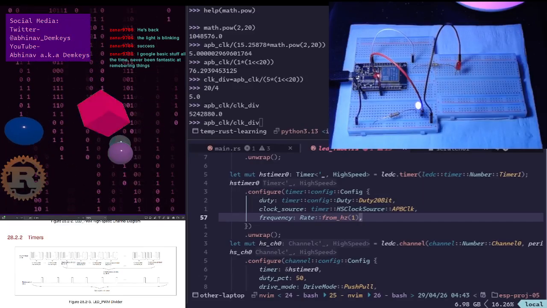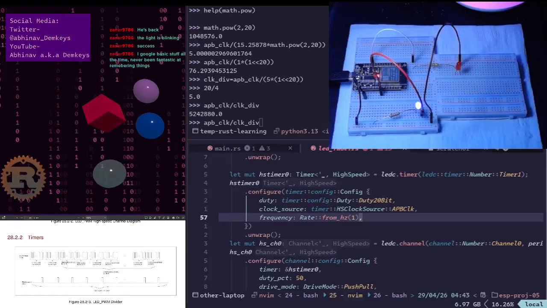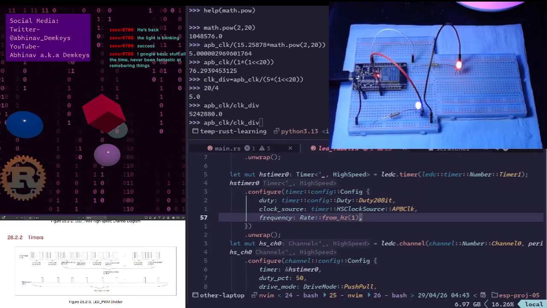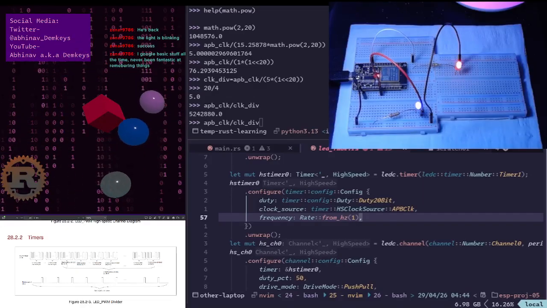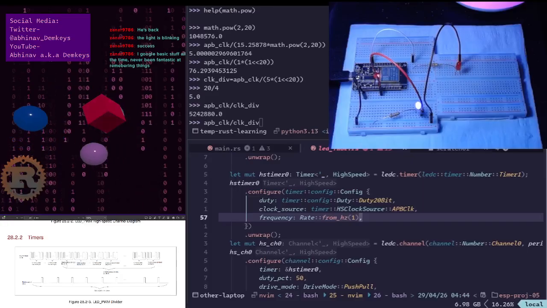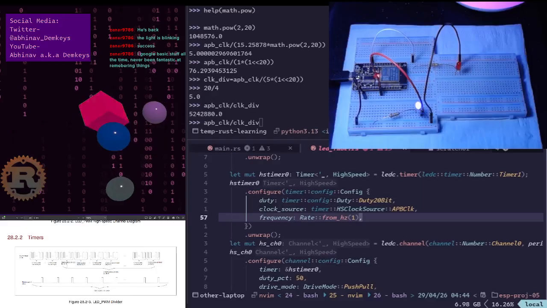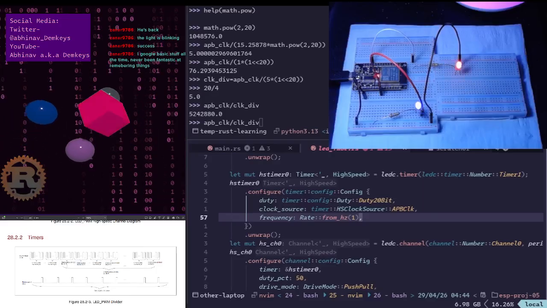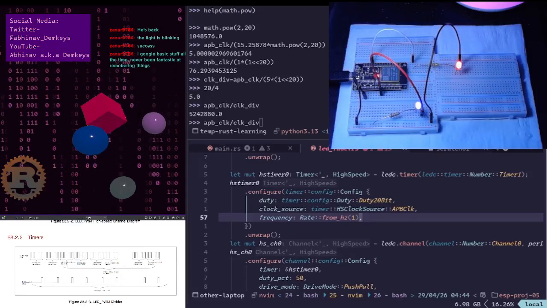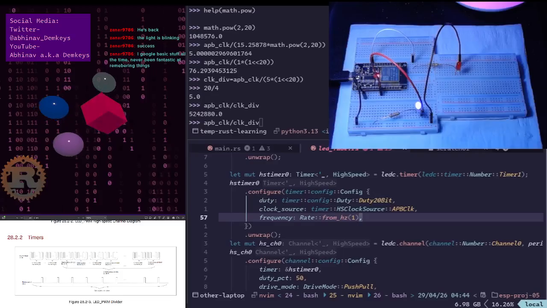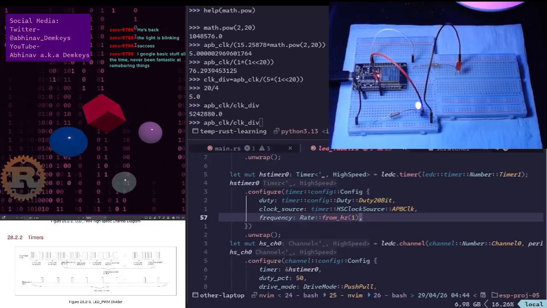Oh, yeah. I'm doing ESP32 studies. I'm currently trying to understand how PWM hardware works. Specifically, I'm trying to understand what happens when the APB clock signal goes into the divider.